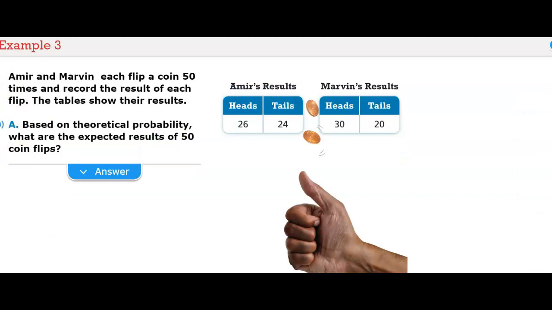Amir and Marvin each flip a coin 50 times and record the result of each flip. The tables show their results. Part A. Based on theoretical probability, what are the expected results of 50 coin flips? We have Amir's results, Marvin's results.